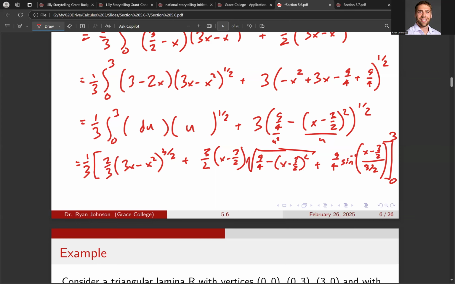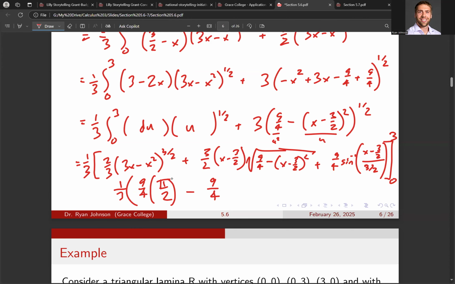So we'll get 1/3 times 9 over 4 times arc sine of 1, which is pi over 2, and then minus 9/4 times arc sine of -1.